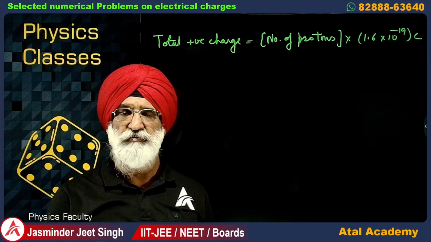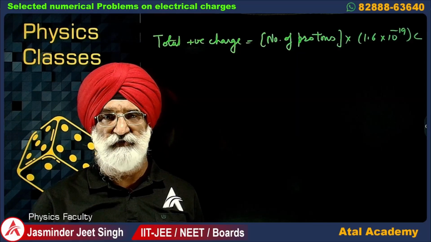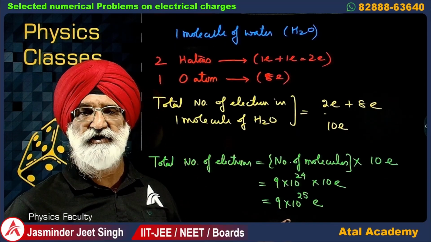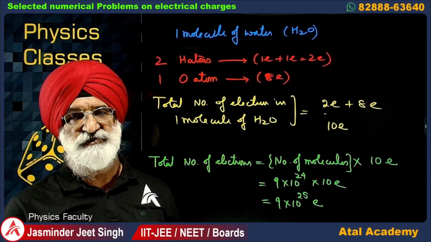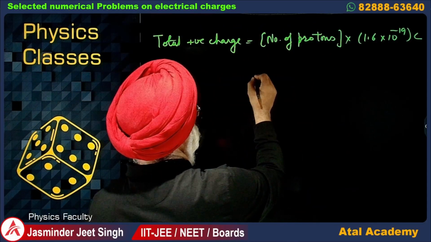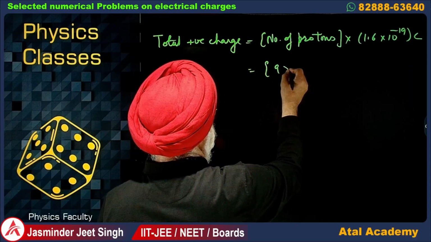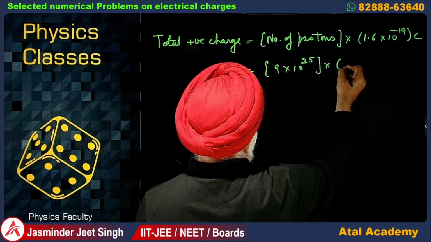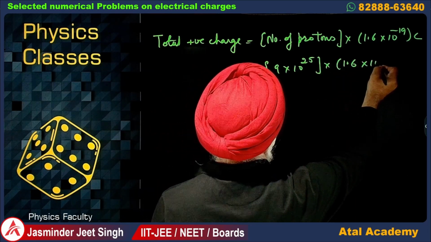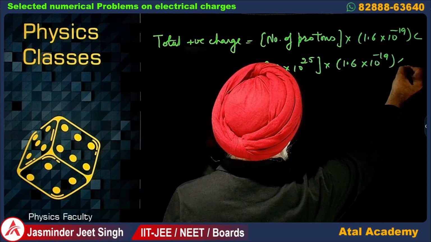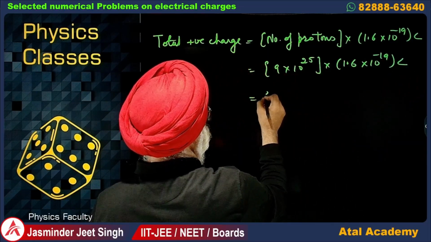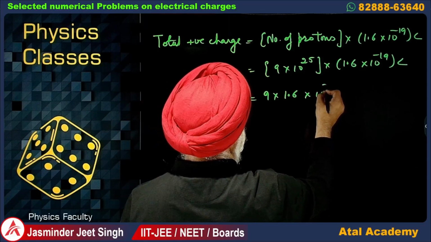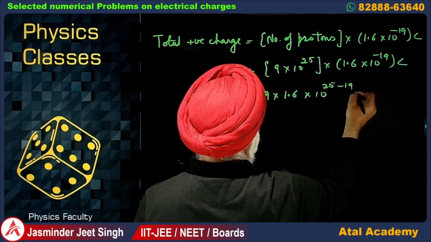The total number of protons is equal to the total number of electrons. We had already found the total number of electrons is 9 into 10 to the power of 25. The same will be the number of protons. It will be 9 into 10 to the power of 25 into 1.6 into 10 to the power of minus 19 coulombs. It will be 9 into 1.6 into 10 to the power of 25 minus 19 coulombs.